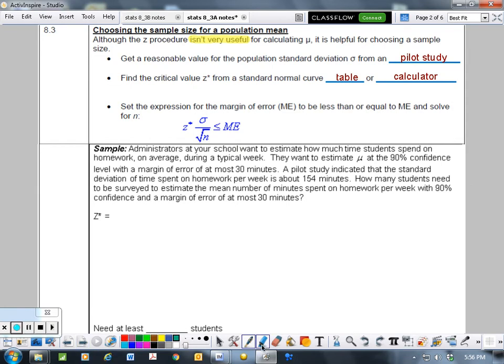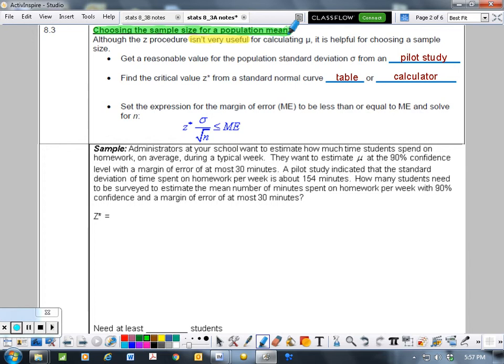So now we're going to be looking at choosing a sample size for a population mean. So if we want a certain margin of error, what size should I use for my sample? Even though that is not helpful for calculating our mean, it is helpful for choosing the sample size.